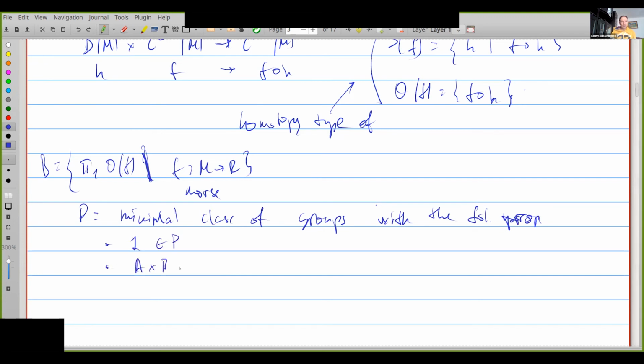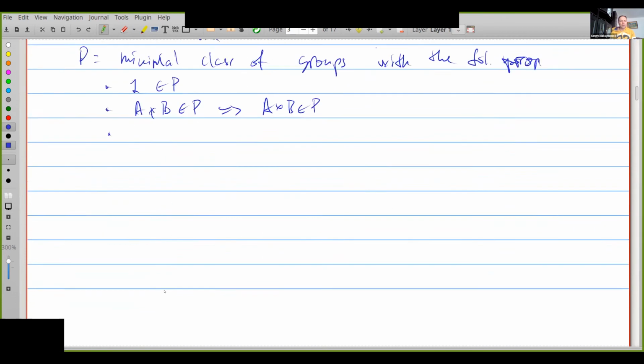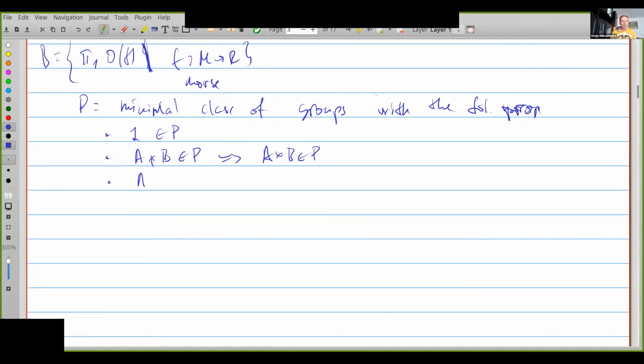It is closed with respect to direct products: if A and B belong to P, then A times B belongs to P. And it is also closed with respect to the following wreath products, namely if A belongs to P and n is some number, then the wreath product of A with Z, where I put n, means that I take A multiplied n times, and Z acts on this set by cyclic shift of coordinates.